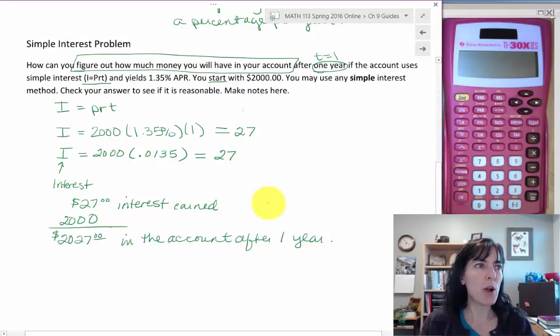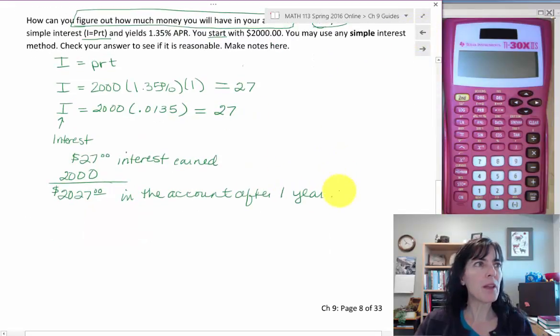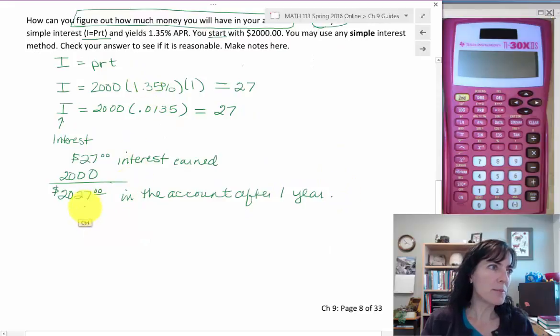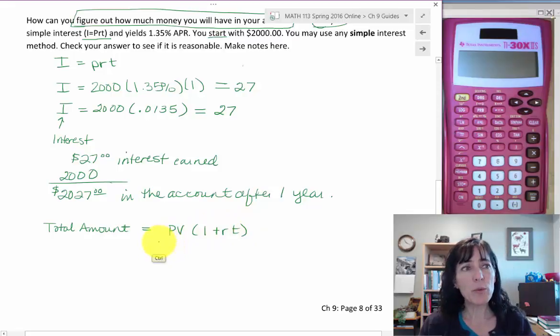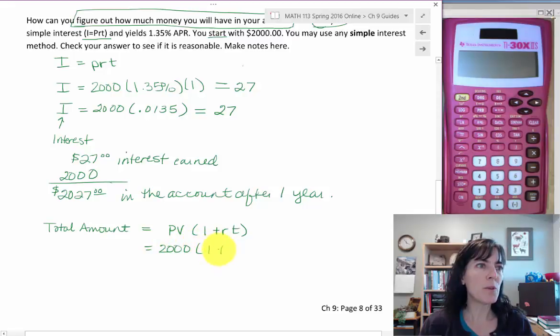Let's take a look at this problem just really quick. If we use that formula, total amount equals PV times (1 plus RT), and then we plug in some stuff. 2,000 for the present value, 0.0135 for the rate, and 1 for the time.